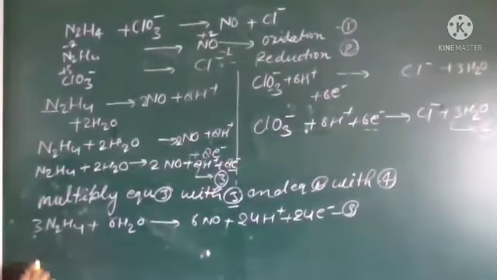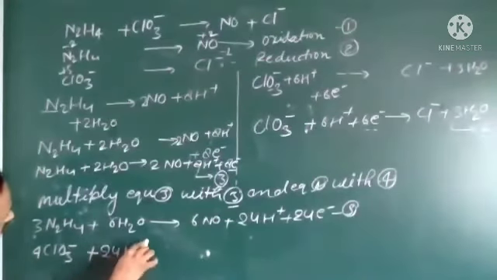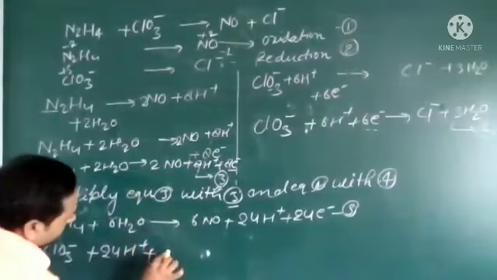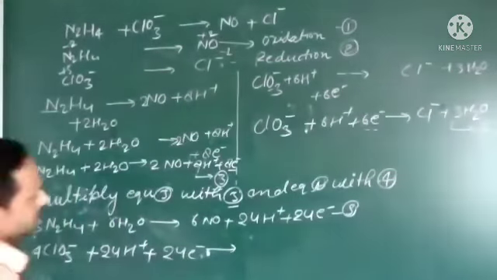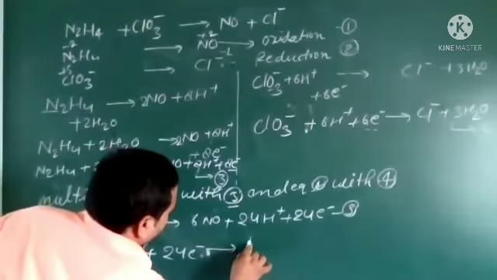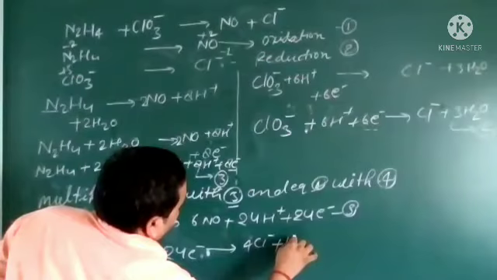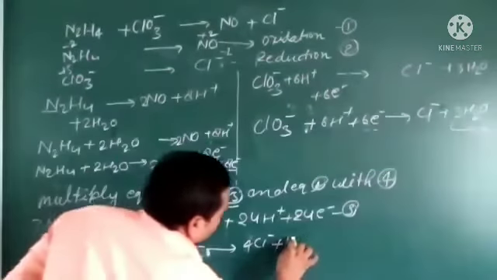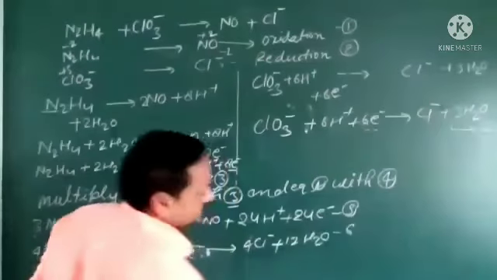So equation 4 becomes 4 ClO3 minus plus 24H plus 24 electrons gives out 4Cl minus plus 12H2. This is equation number 6.